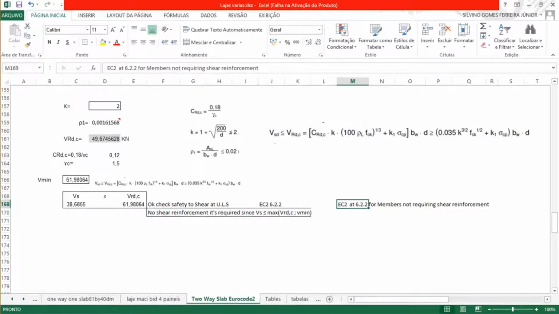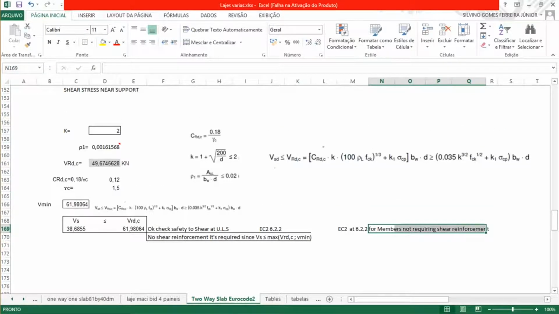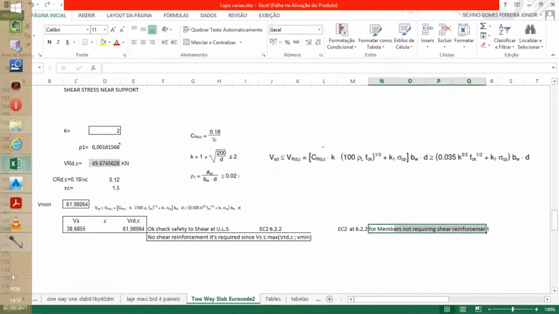This is in the Eurocode at 6.2.2, members not requiring shear reinforcement. Okay. So we have this, we can go to the detail, the general detail of the reinforcement.